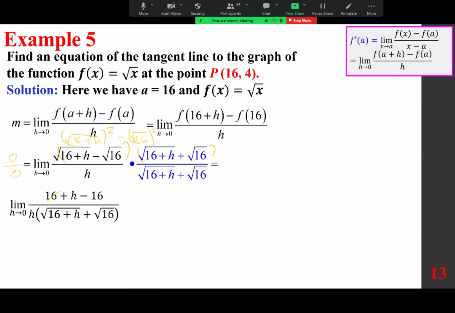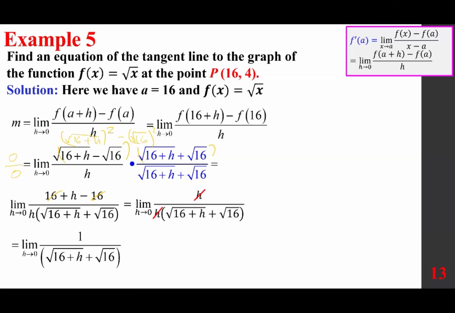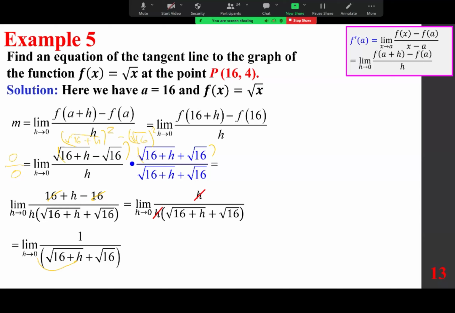Obviously, these two cancel each other. The h from the numerator and the denominator cancel each other. And now if you plug in 0, you get square root of 16, which is 4, plus square root of 16, which is another 4, and you get 1 over 8 as the final answer.